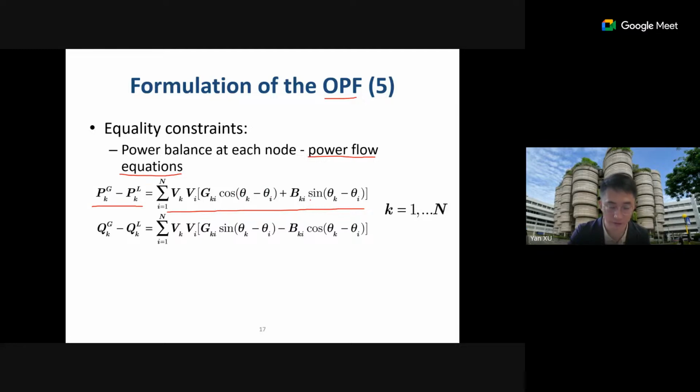This is based on Kirchhoff's current law. So we can use this formula to model the power flow. Now look at the power flow equations. Since we have multiplication between different buses, and we have cosine and sine terms, clearly these power flow equations are nonlinear and non-convex, unfortunately. It's nonlinear and non-convex.